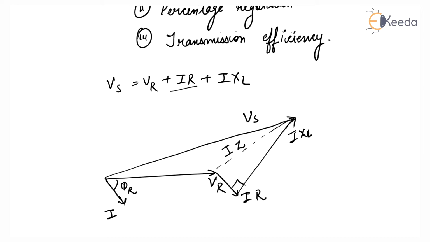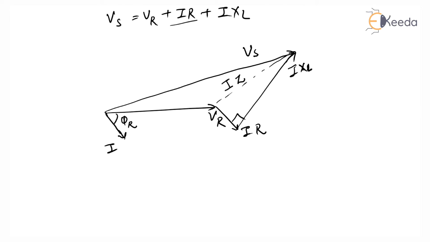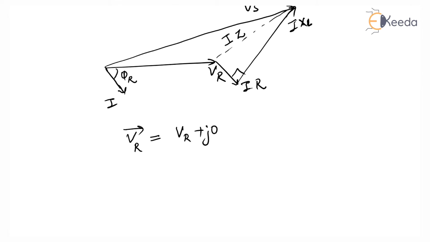So taking VR as reference, vector VR is equal to VR plus J0. Vector I is equal to I into cos phi r minus J sin phi r.